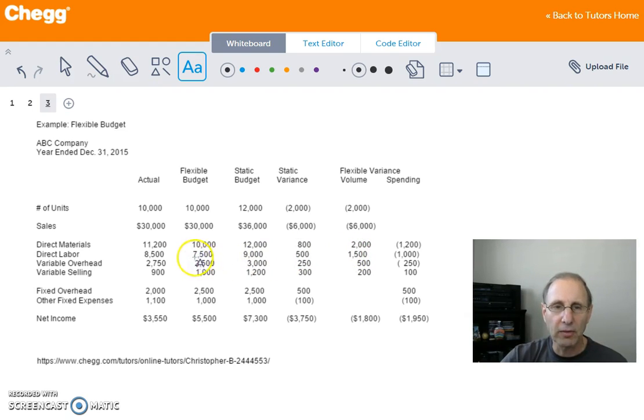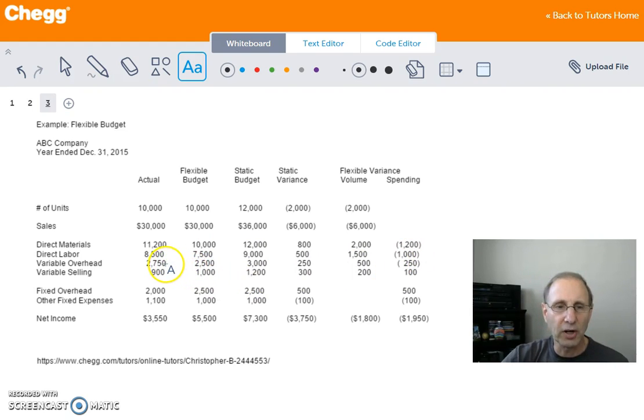Next, we're going to compare the actual direct labor spending to what we should have spent given this activity level. And we can see that comparing the $8,500 in actual direct labor to the flexible budget of $7,500, we were unfavorable in direct labor by $1,000.